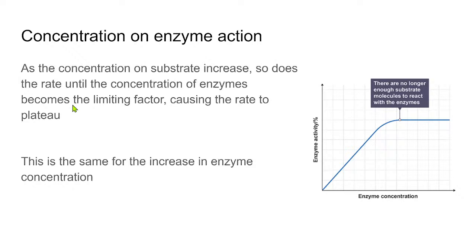Once you have enough substrate, it will saturate all the enzyme active sites. All the active sites will be working, trying to break down the substrate, and this causes a plateau until you increase the amount of enzymes, which will then increase the activity.